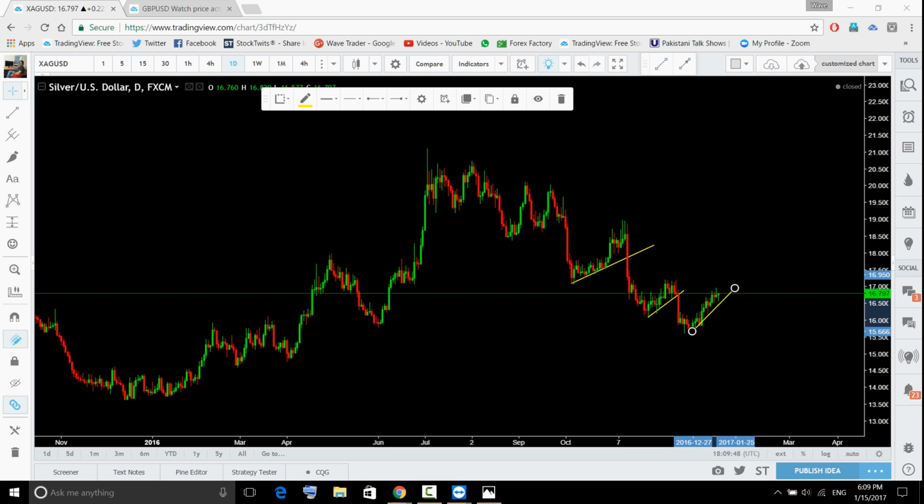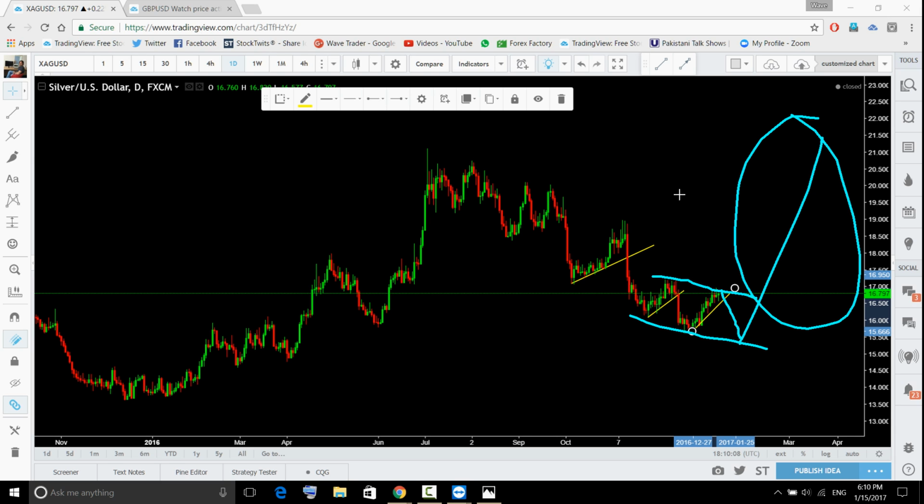So we are looking for one more move down, and then we're going to look for a reversal channel to the upside. Once price hits the bottom trend line, currently we are looking for something like a reversal channel, then once price hits the bottom, we're going to look for upside.